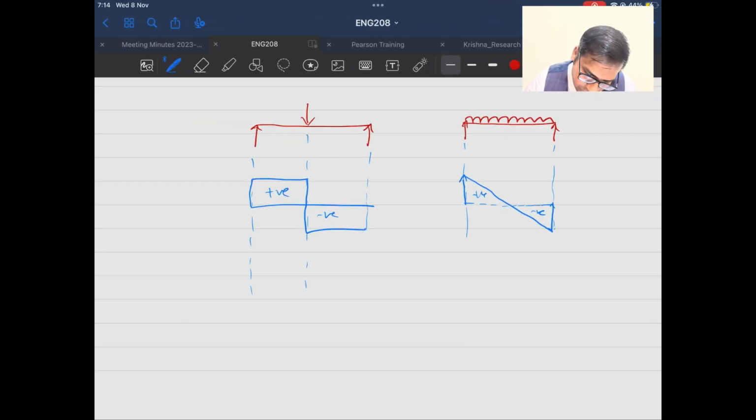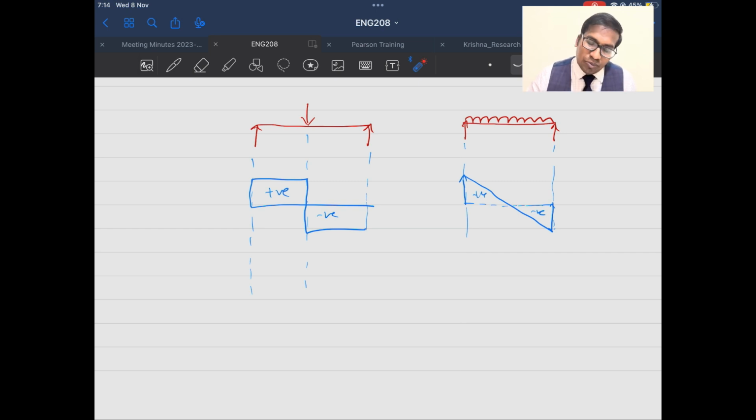So here, it is my point load, so I have drawn a horizontal line, but this is a UDL, so I have drawn a linear line. So this is how we proceed. Refer to the table, and you will be able to quickly draw the shear force diagram and bending moment diagram.